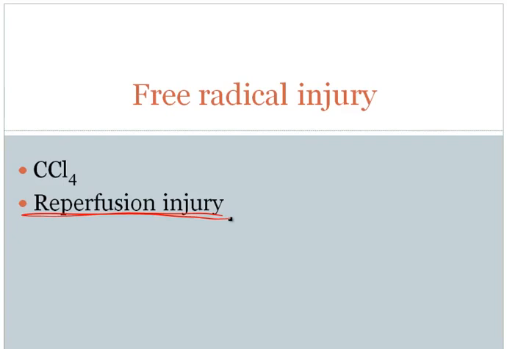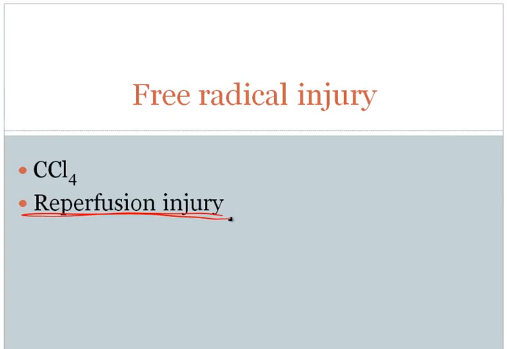The classic clinical vignette is that a patient gets an MI, the cardiac enzymes are going up, they're taken to the cardiac cath lab, and the artery is opened, and after the artery is opened, the cardiac enzymes continue to rise. Why do the cardiac enzymes continue to rise?